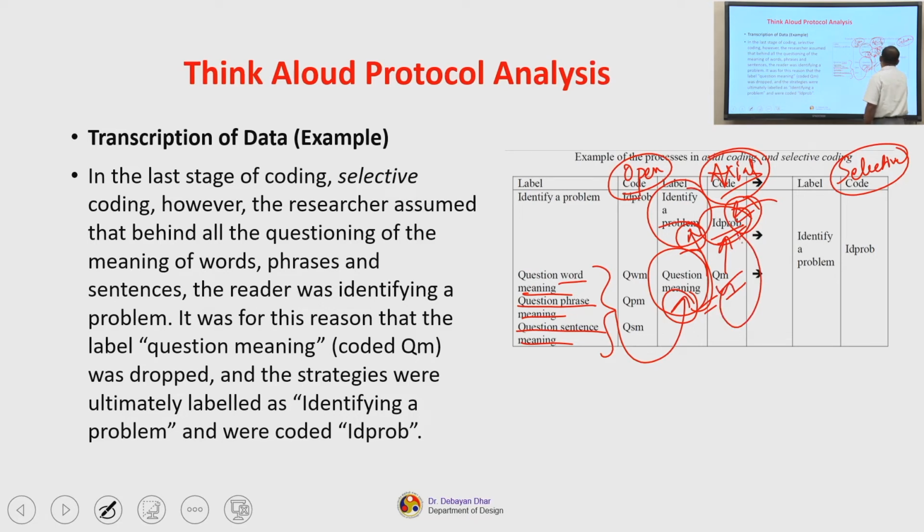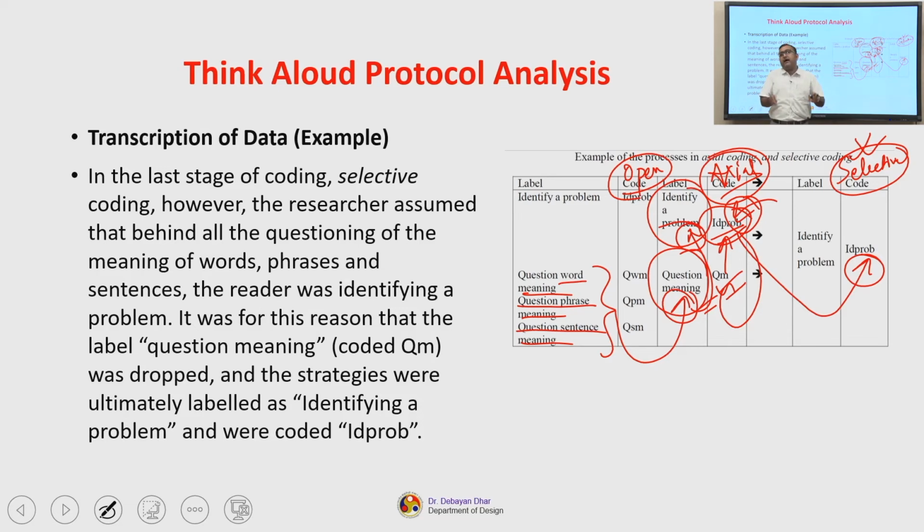Therefore, this is taken as the final selective code. Since you are selecting this out of the various other codes available to you, it is called the stage of selective coding. Right? That is the process of how you do a qualitative analysis using the coding strategies.